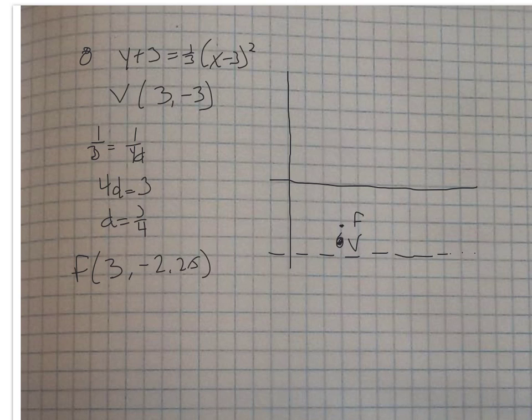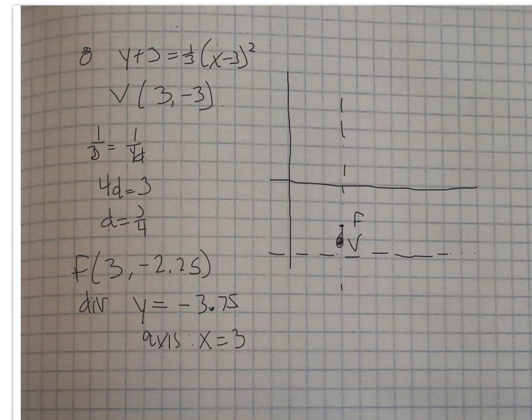So that's why it's 2 1/4, 2.25. The directrix, get an equation of a line that touches the y-axis at -3 3/4, almost to 4. And the axis is this line right here. Looks like it touches the x-axis at 3. X equals 3.